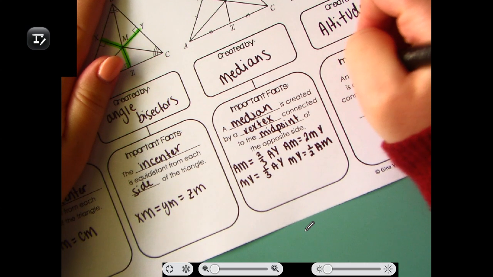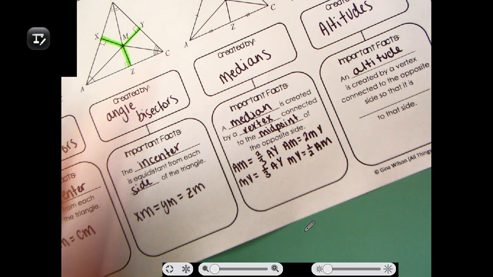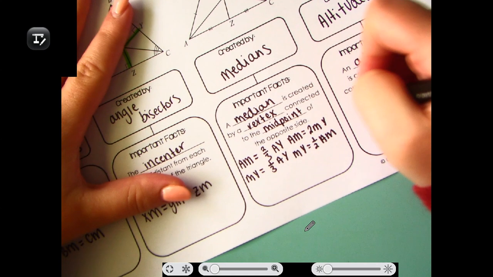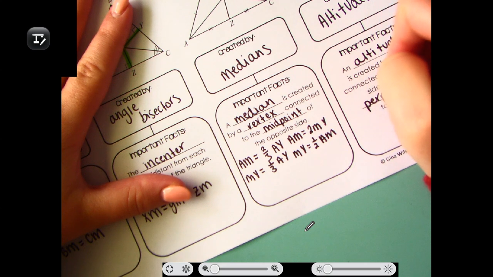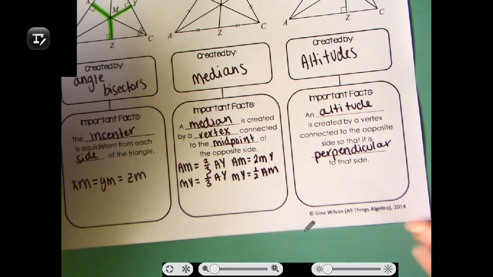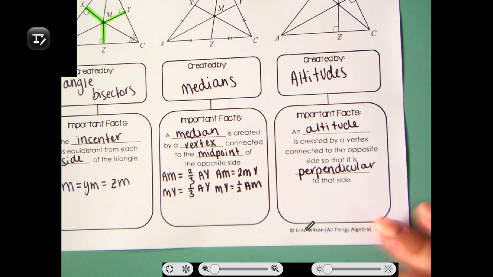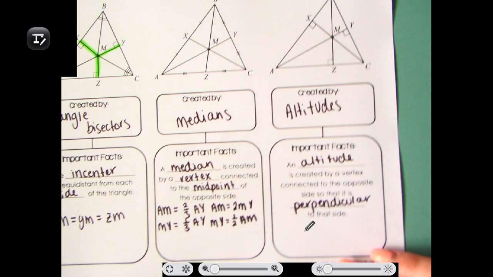So an altitude is created by a vertex connected to the opposite side so that it is perpendicular to that side. And with the altitude, that was pretty much it.